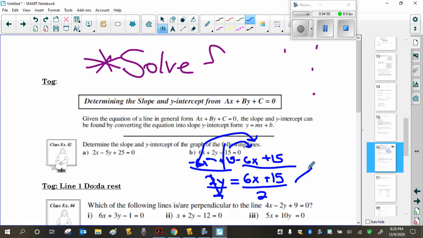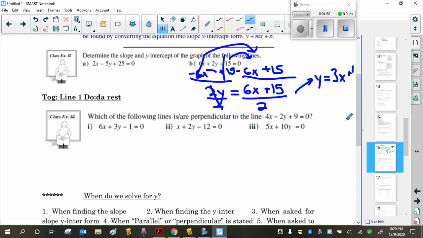And you're left with y equals 6 divided by 2 is 3x plus, oh, come on. Let's do that again. Apologies.